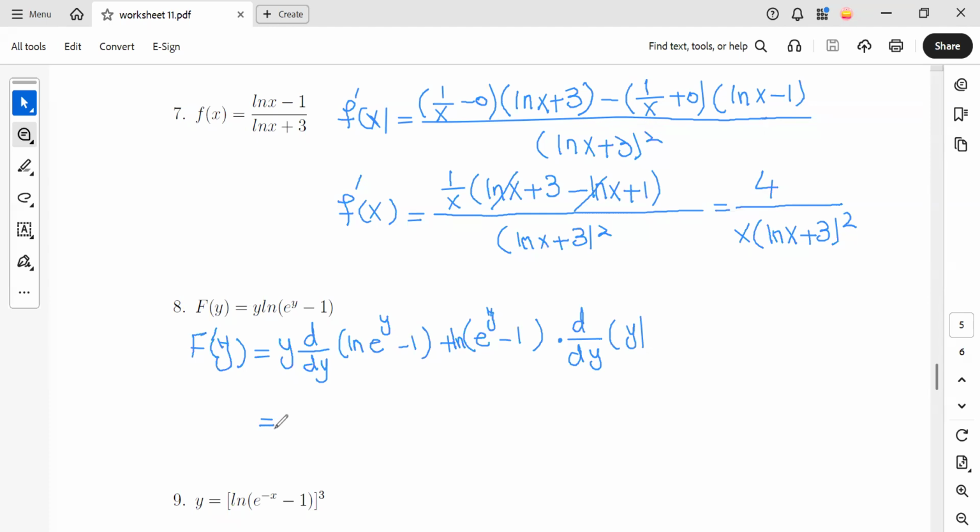So it will be y multiplied by, this one is ln of e to the y.